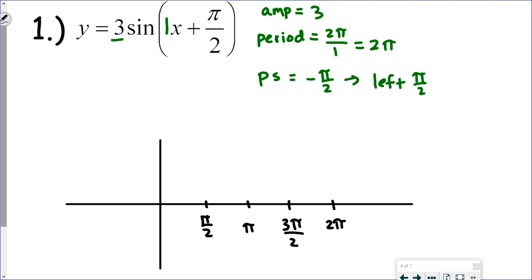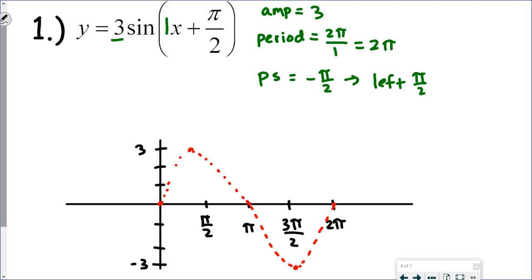Okay, our amplitude is 3. And then sine. So I'm here, and here. I'm going to use just a dotted line here, a dashed line. Okay. So now when I think about going left pi over 2, well, my increments are in pi over 2, so that makes this pretty easy.